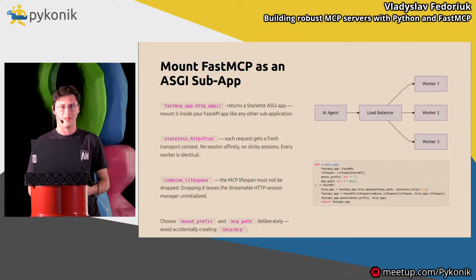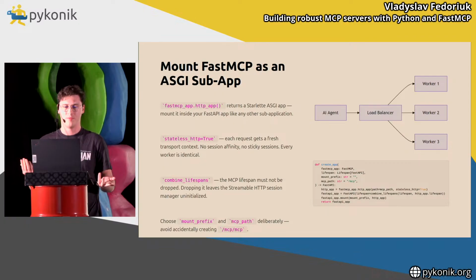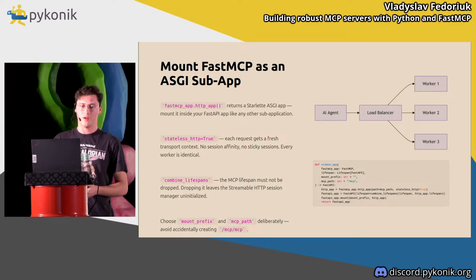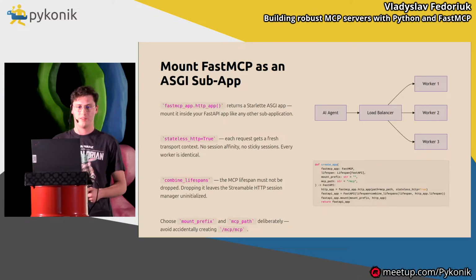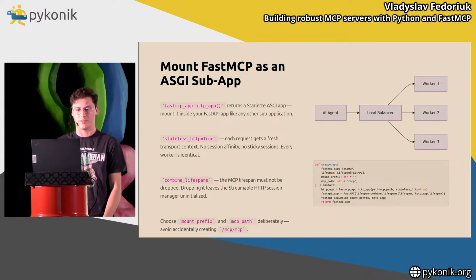And you would need to combine lifespans. If you already use FastAPI for your APIs, you would just need to make sure that on the lifespan of your main application, you also fire up the lifespan of the sub-application, and it's particularly needed for HTTP session management within FastMCP.